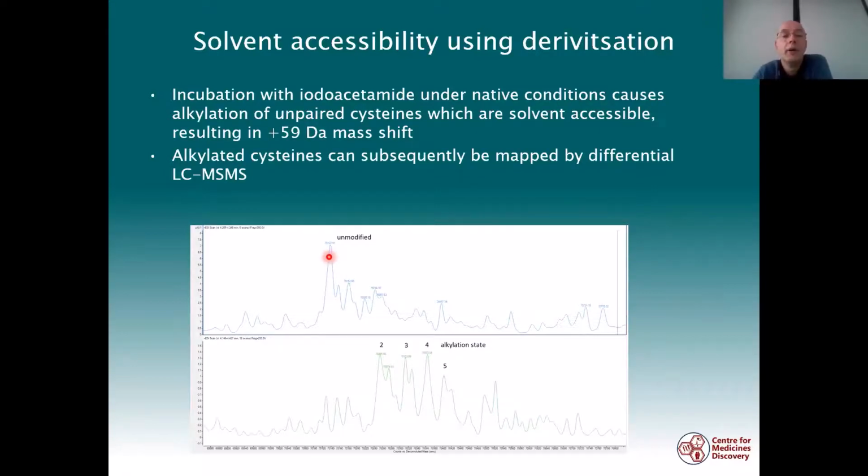And the alkylation will happen on any unpaired cysteines, and this will result in a mass shift. The mass shift is plus 59, and we can then use LC-MS-MS to subsequently map where these mass shifts are. So this is an example of using chemical derivatisation to determine solvent accessibility.